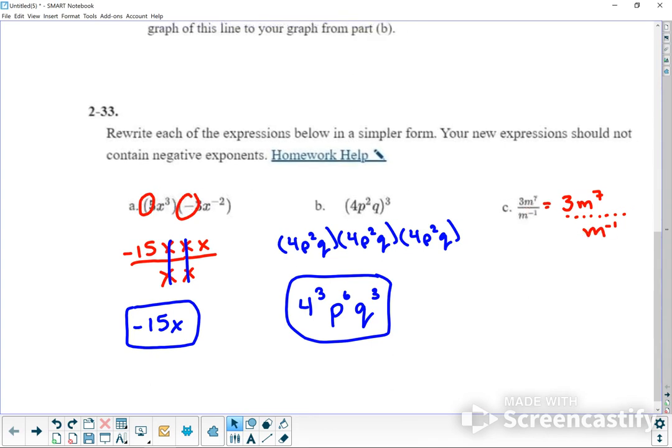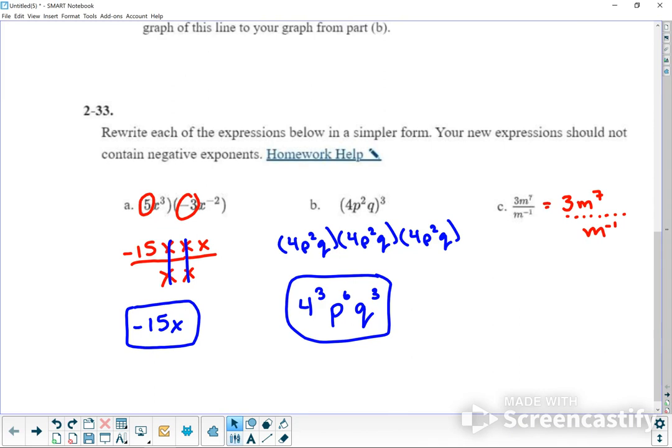So that gets moved to the top, and it's going to be positive 1 now. That means there's really nothing left at the bottom, so we don't need to do anything down there. Okay, so my final answer: 3m to the 8.